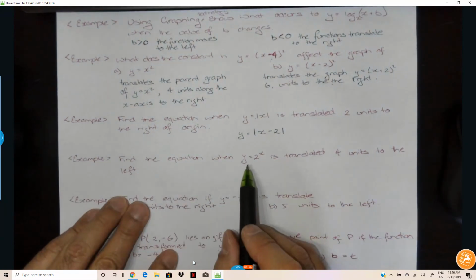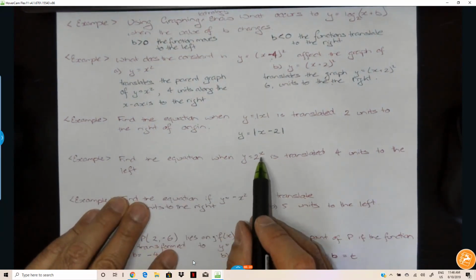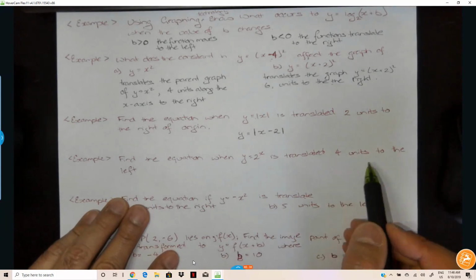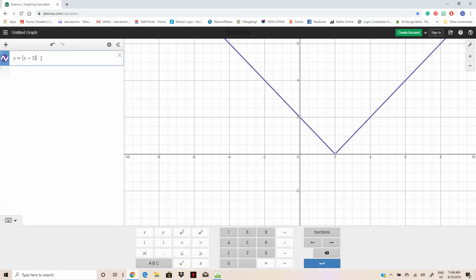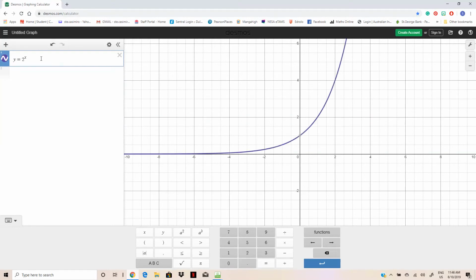Find the equation when y equals 2 to the power of x is translated 4 units to the left. Okay, so I've got 2 to the power of x, and I want to translate it 4 units to the left.